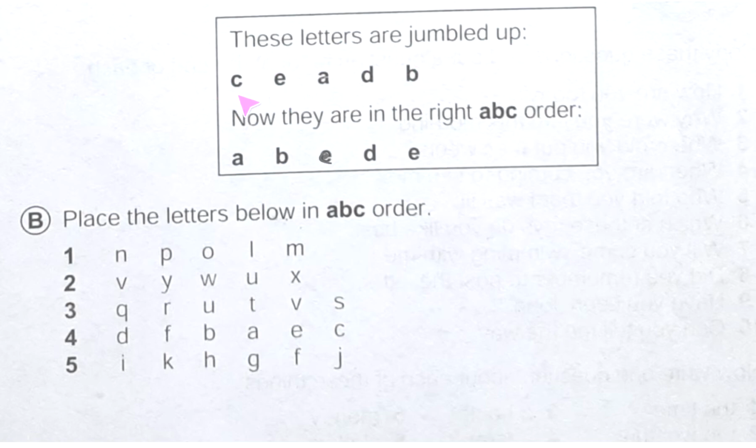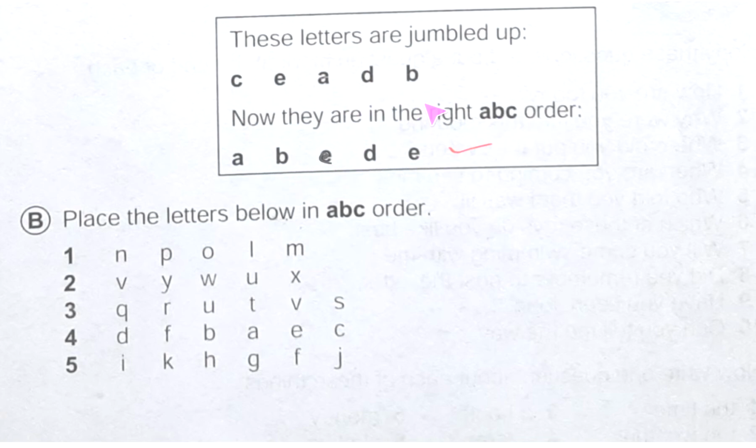It means these letters are not following any order. We know A is the first letter of the alphabet. After that B, then C, then D, then E. Now they are in the right ABC order, A, B, C, D, E.